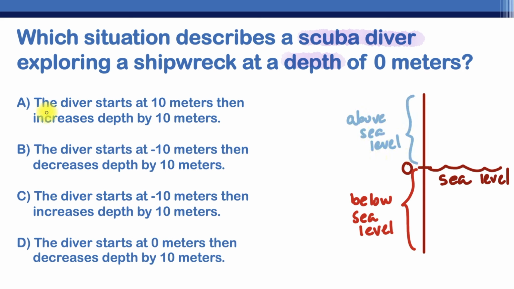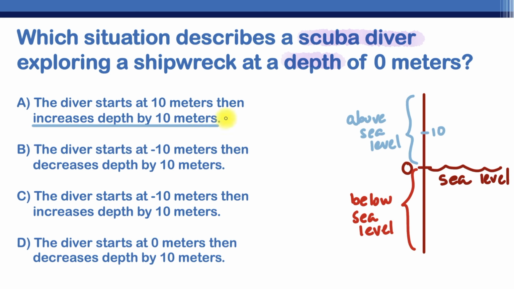So let's take a look at choice A. The diver starts at 10 meters, that's positive 10, and then increases depth by 10 meters. So the diver starts at positive 10 meters, that's over here, positive 10, and then increases, that's a very important word, increases depth by 10 meters.